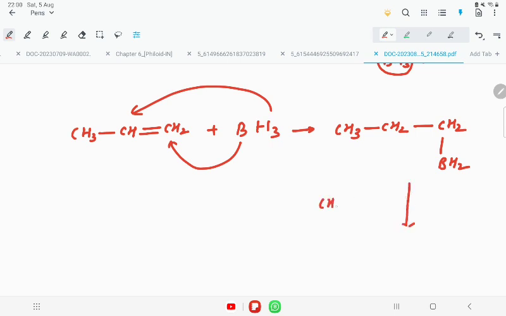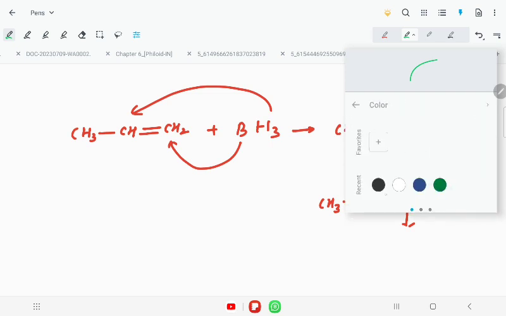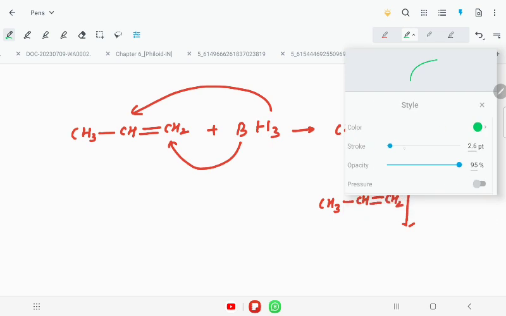This alkyl borane is capable of reacting with another alkene molecule. So how is it going to react with another alkene molecule? Let me resize this, that's okay, I am just adjusting the size here, okay, got it.